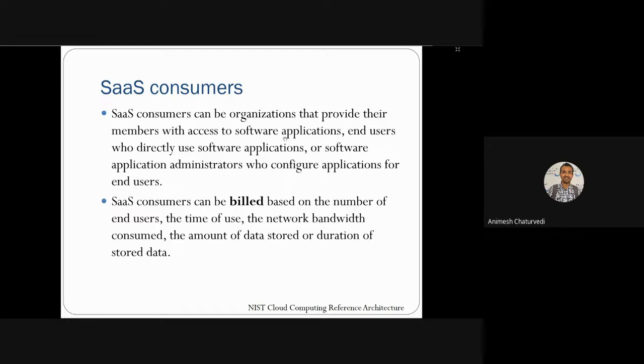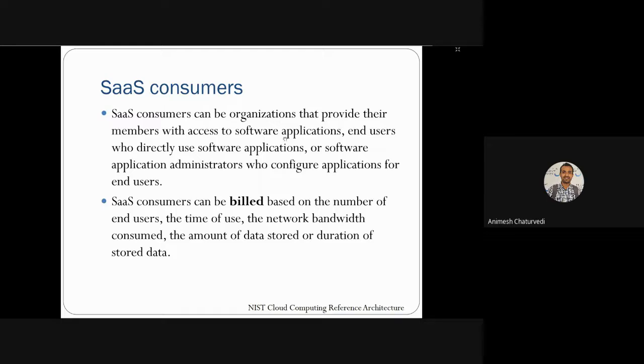What does a SaaS consumer do? A SaaS consumer can basically be an organization that provides some services to its members, like an institute or university providing services to the students, professors or employees. These employees or students could access applications like Google Meet.